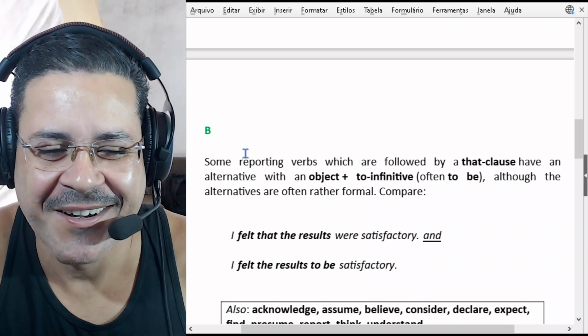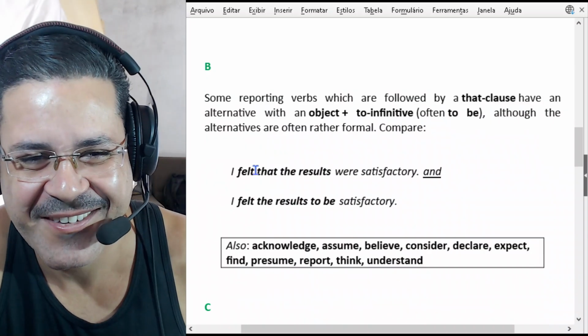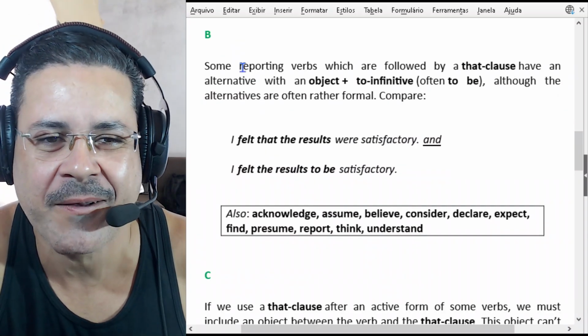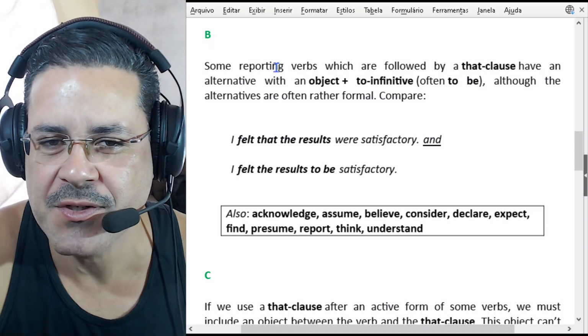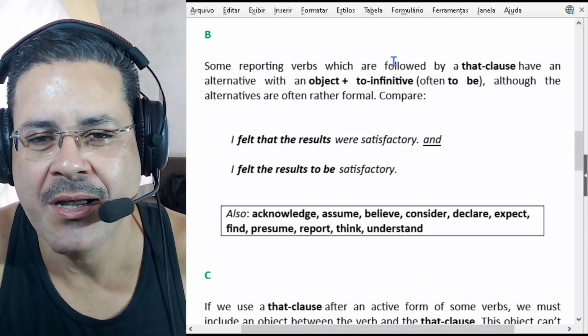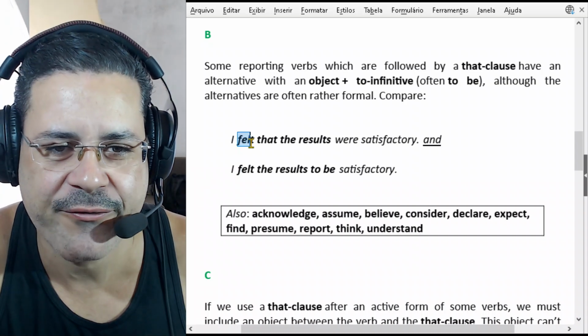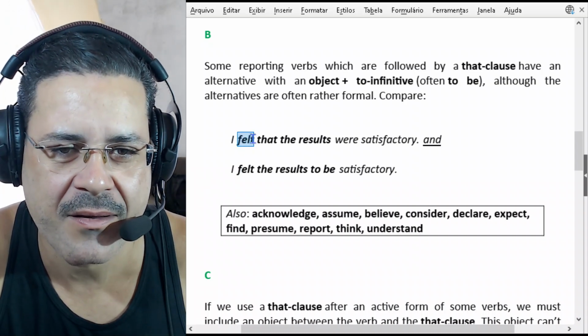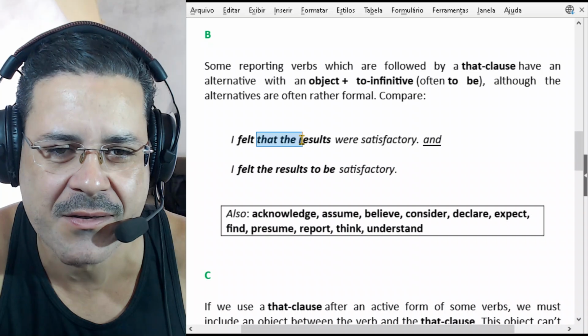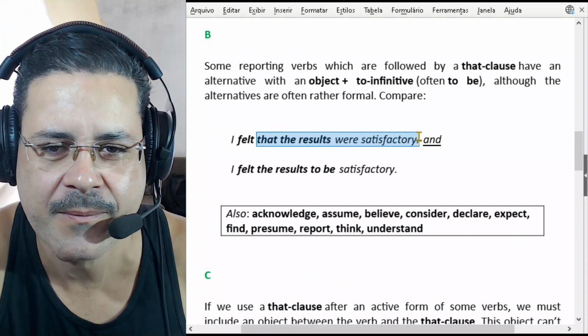Okay, moving on. This is section B. Some reporting verbs which are followed by a that clause. So we've got the verb and then the that clause. This is a that clause.